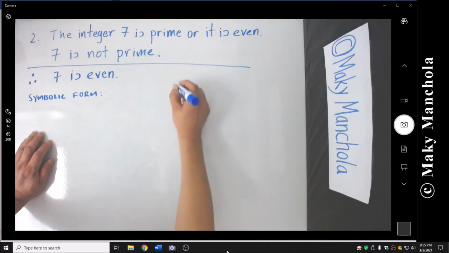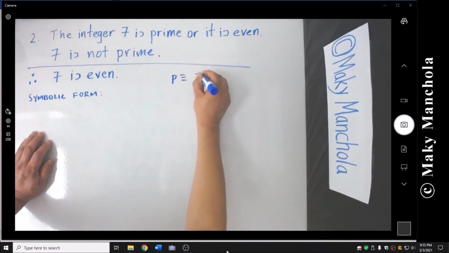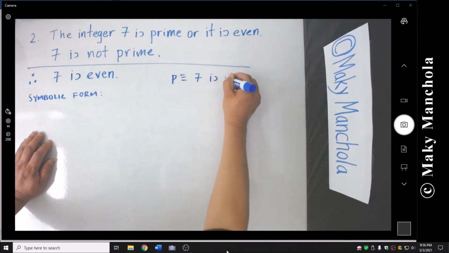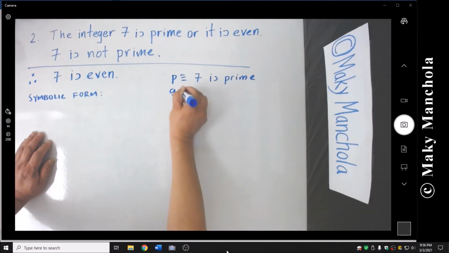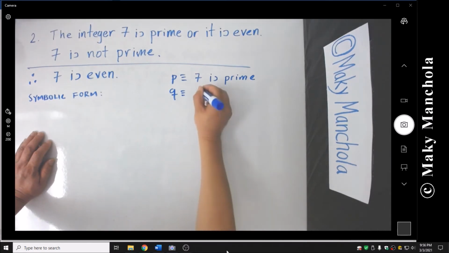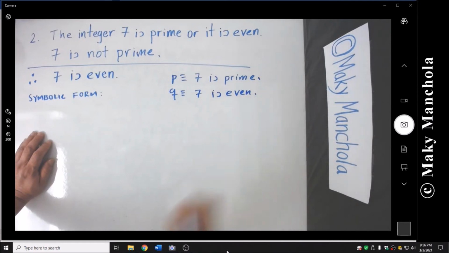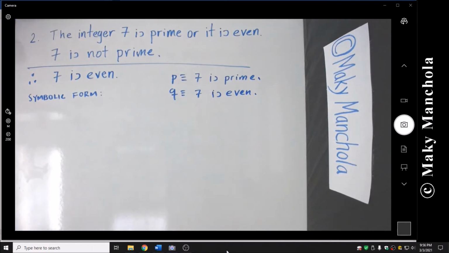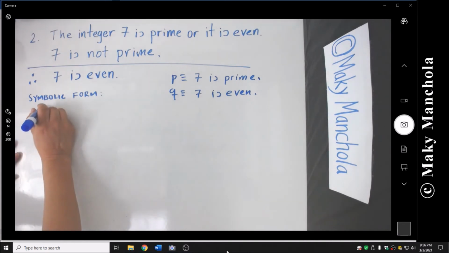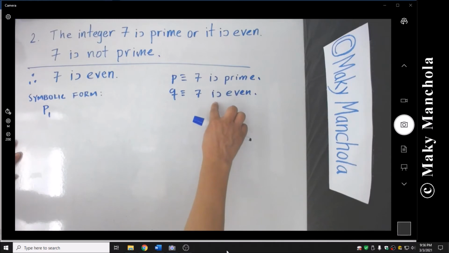So let P be 7 is prime. Q be 7 is even. Our symbolic form: our first premise says 7 is prime or it is even.